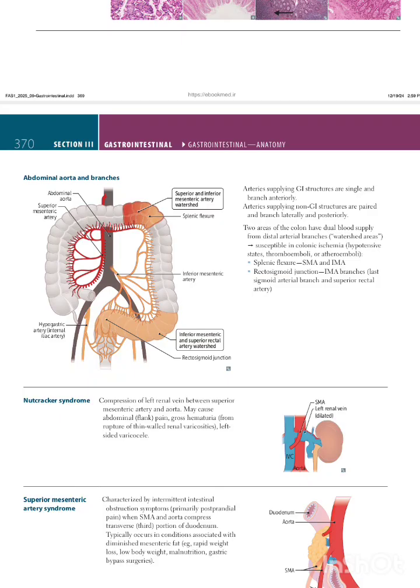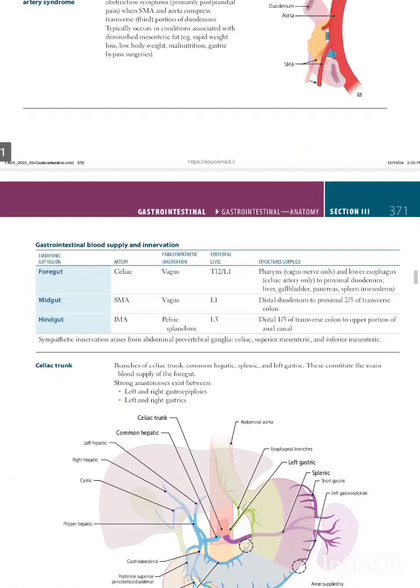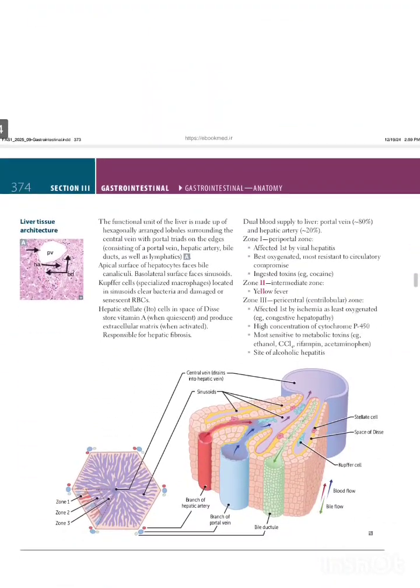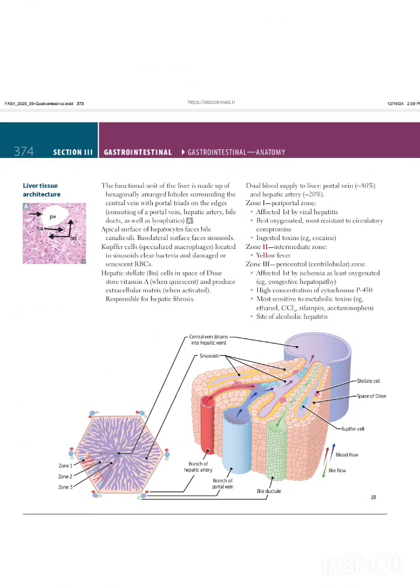Then we will discuss the anatomy of the liver. Apical surface of the hepatocytes faces bile canaliculi. Basolateral surface faces the sinusoid, and Kupffer cells are in these parts, and they are specialized macrophages in sinusoids.